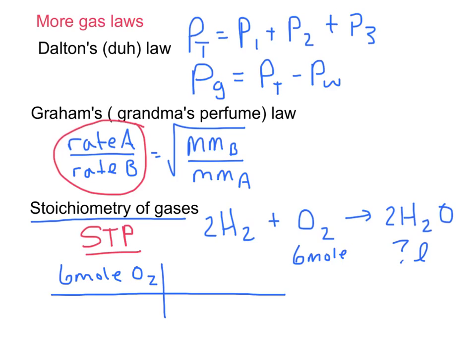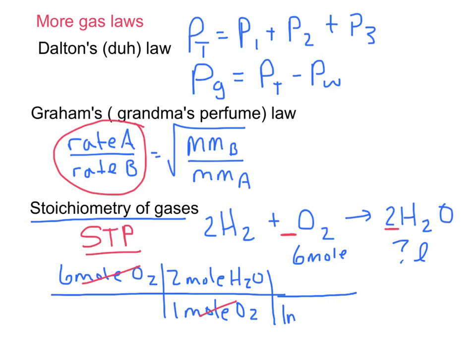We would use the ratio here: for every 1 mole of oxygen, there are 2 moles of water. Then moles of oxygen would cancel out. Our next conversion to get it into liters would be using our mole map going straight up. So for every 1 mole of H2O, there are 22.4 liters of H2O.